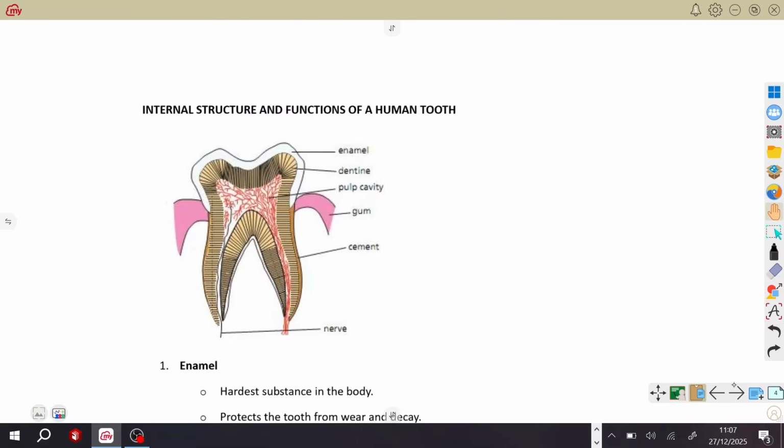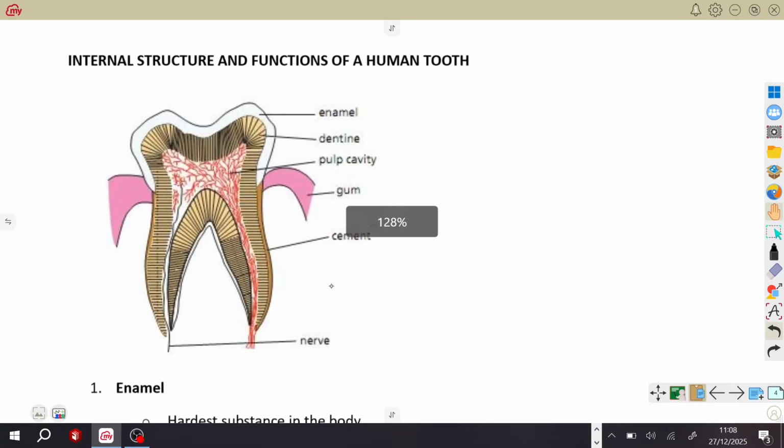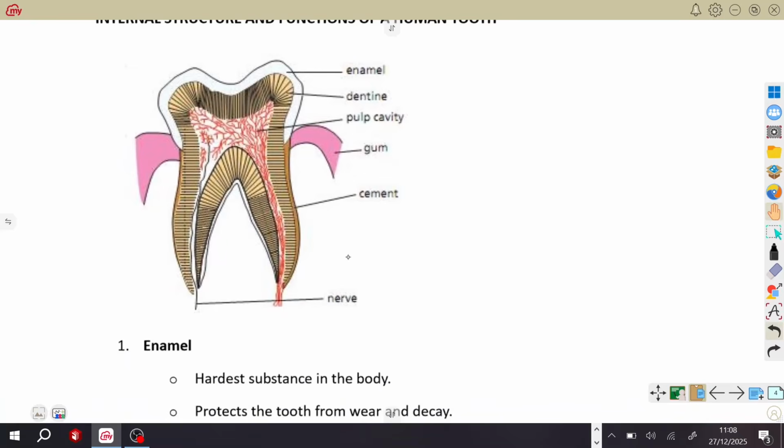Then we move on to the next part of the lesson, which is now internal structure and function of a human tooth. So you need now to understand the internal. We have looked at the external parts, which are the crown, the neck, and the root.